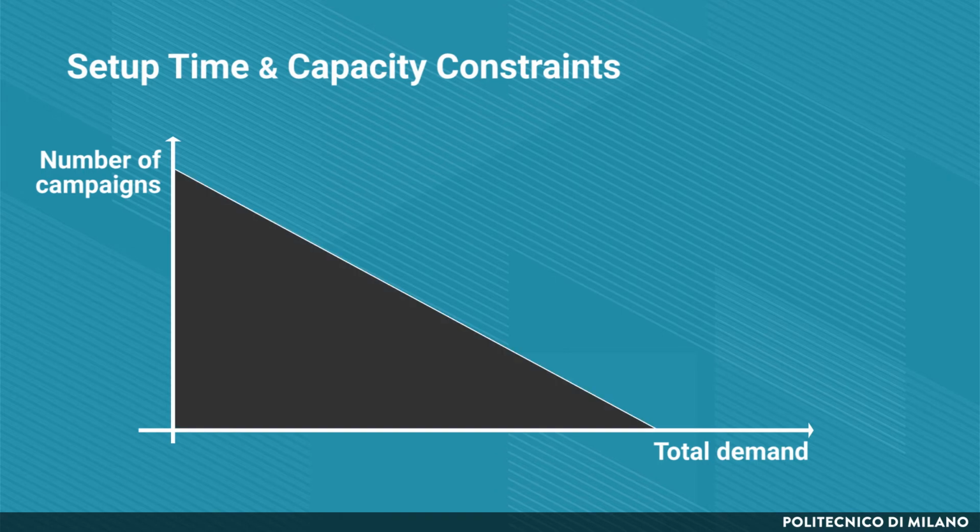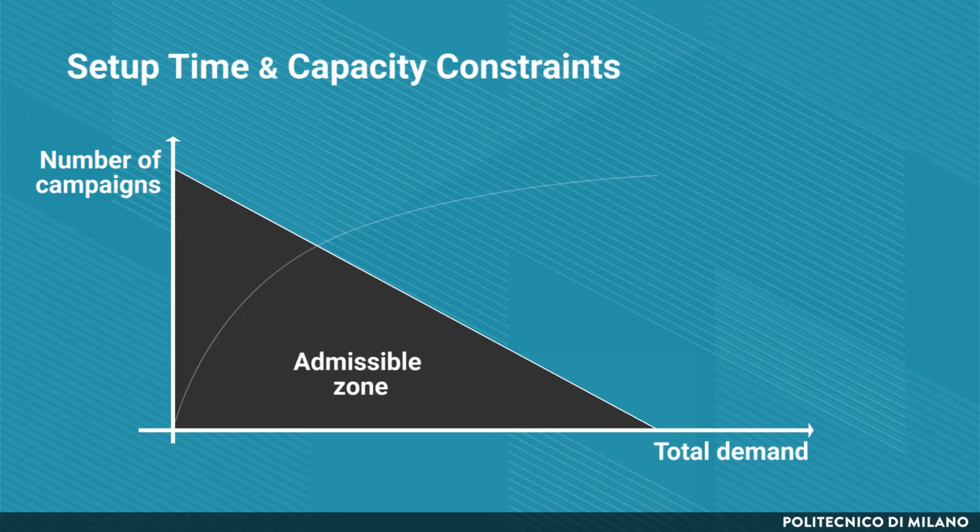The shadowed area represents the admissible zone. That is, in that area, the total production time plus the total setup time do not exceed the available capacity. Any point over and above that area would result in an unfeasible solution, causing a potential loss of demand.